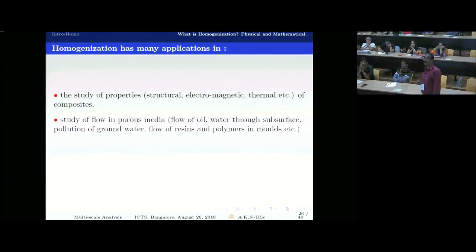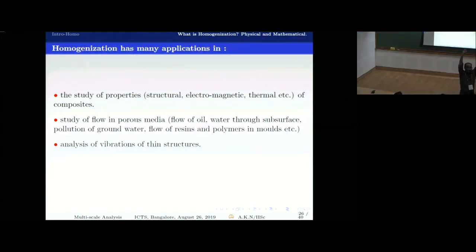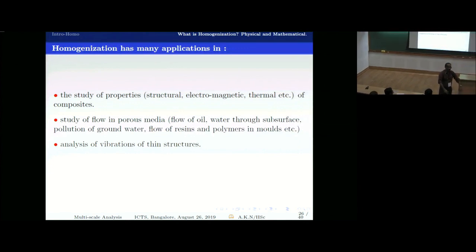It can be the study of fluid flow, like flow of oil and water through soil, pollution of groundwater, flow of resins and polymers in molds. All this leads to analysis of vibrations of thin structures. That's a kind of eigenvalue problem. It's like the Eiffel Tower, if you want. If you look at the structure, that's a typical homogenization problem.